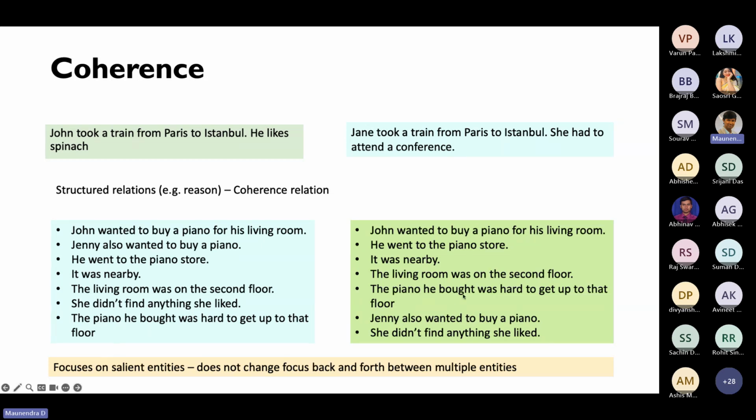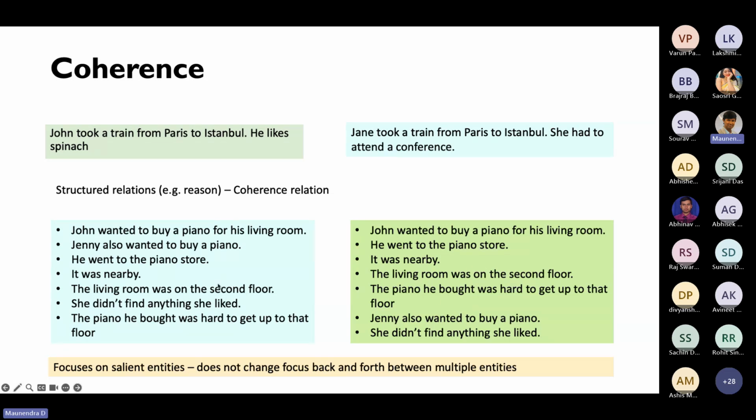So this is a proper discourse, whereas the other is not. A discourse focuses on some salient entities. There are quite a few entities being talked about here: John, Jenny, piano store, living room, second floor, and so on. It focuses on some of those entities, and it does not change focus back and forth between multiple entities. That was the case in the second example.